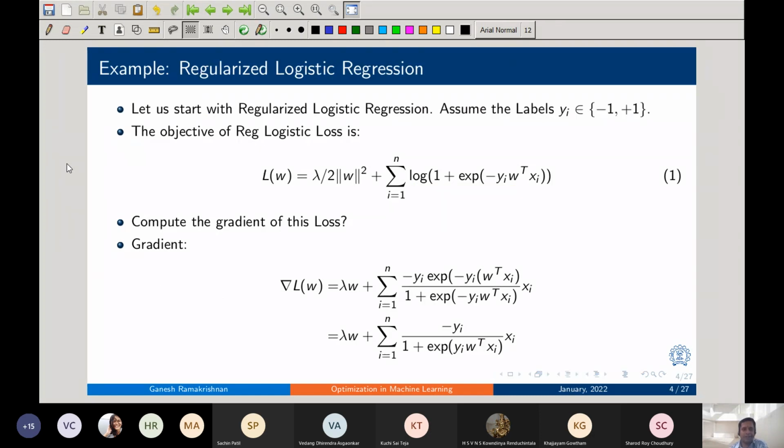I did this for the regularized logistic regression. You can recall that we basically applied the chain rule here. I'm just reproducing from the last class.